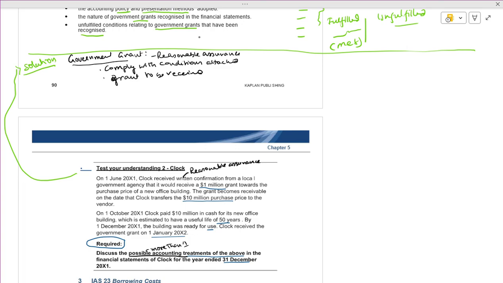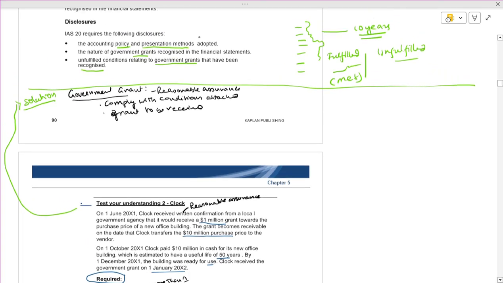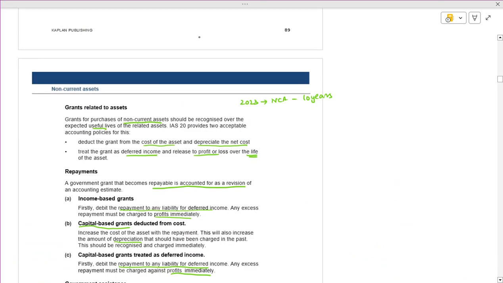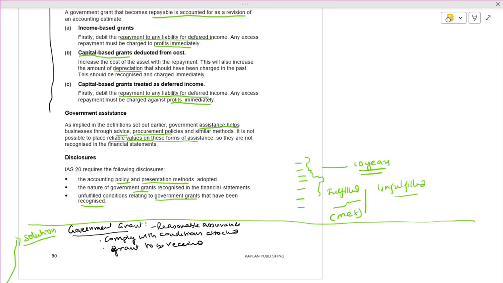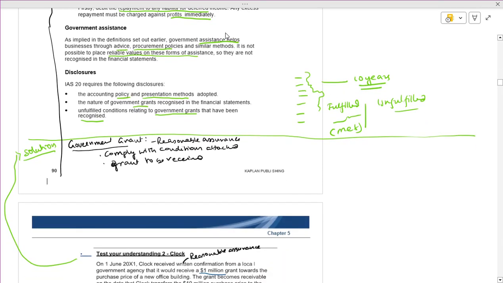There are two things mentioned here: deduct the grant from the cost of the asset and depreciate the net cost, or treat the grant as deferred income. These are the possible outcomes.